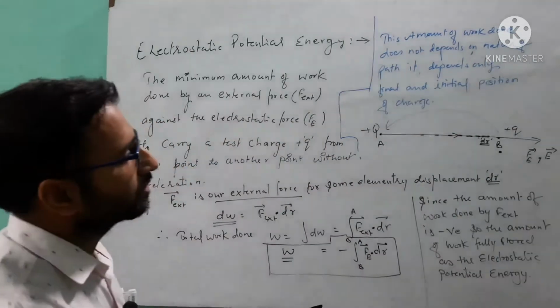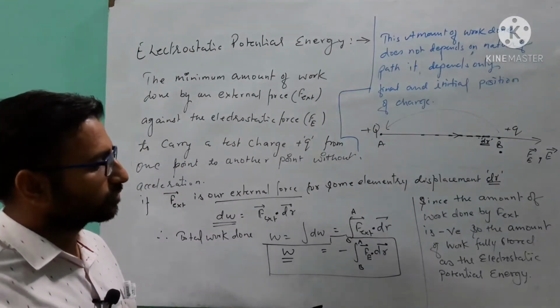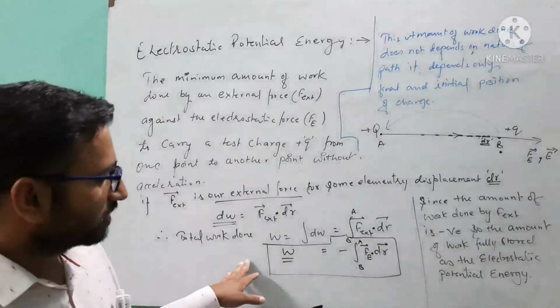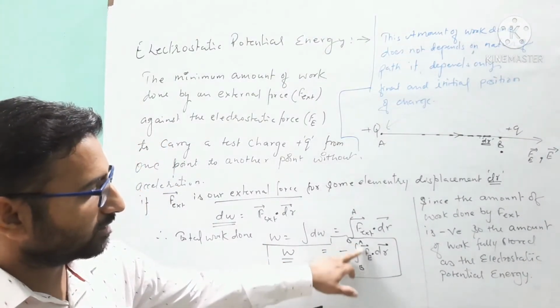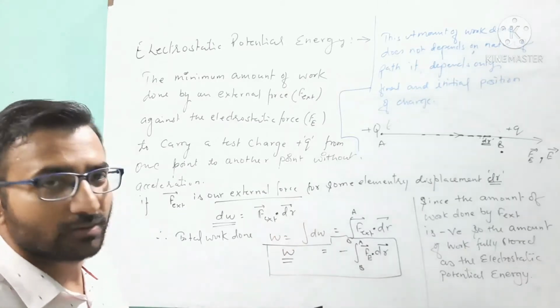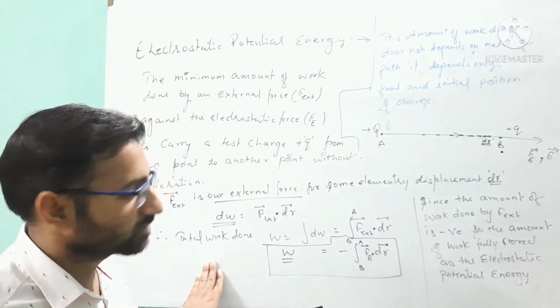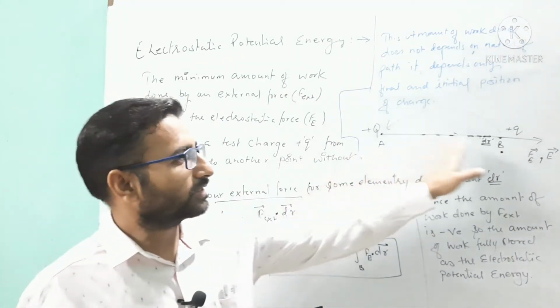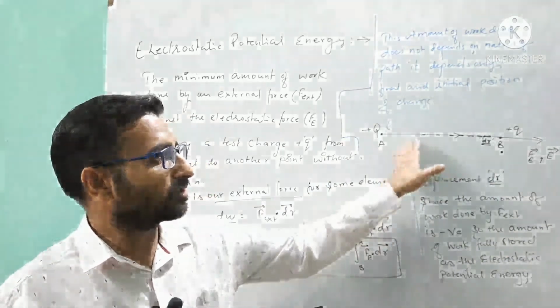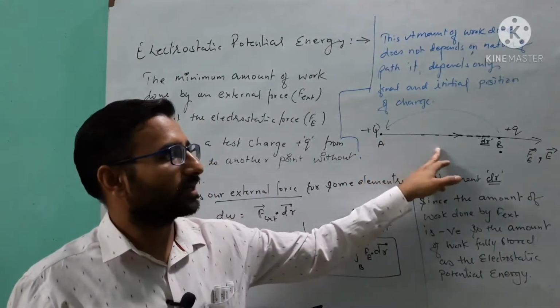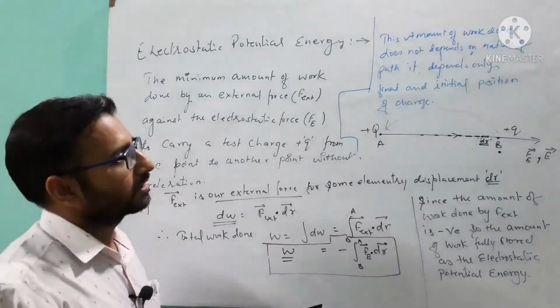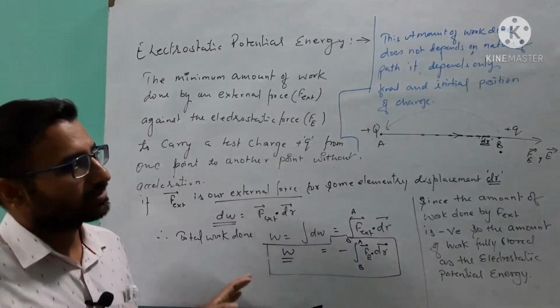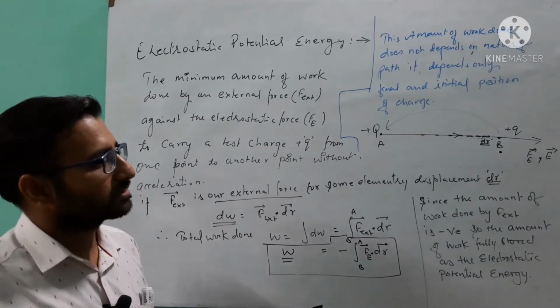So this is due to the conservative nature of the force. The work done depends on the final and initial position, and does not depend on the path, whether it is straight or curved or anything else. That is our next part: electrostatic force is conservative in nature.